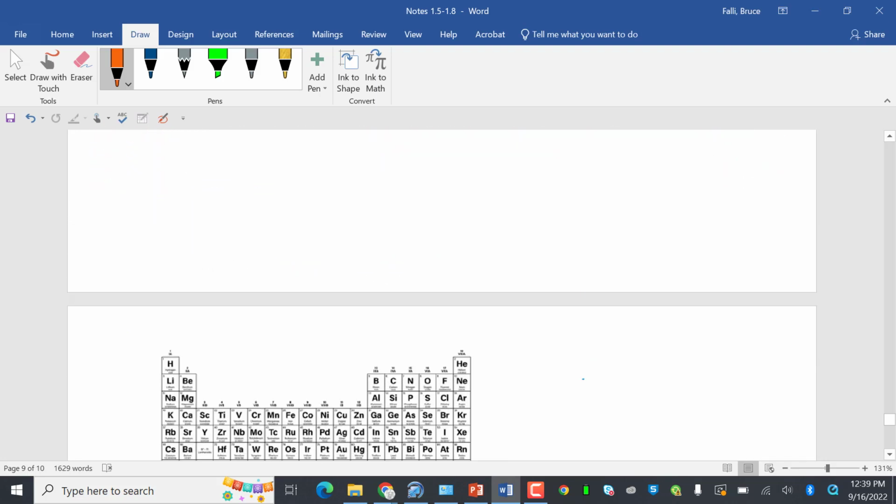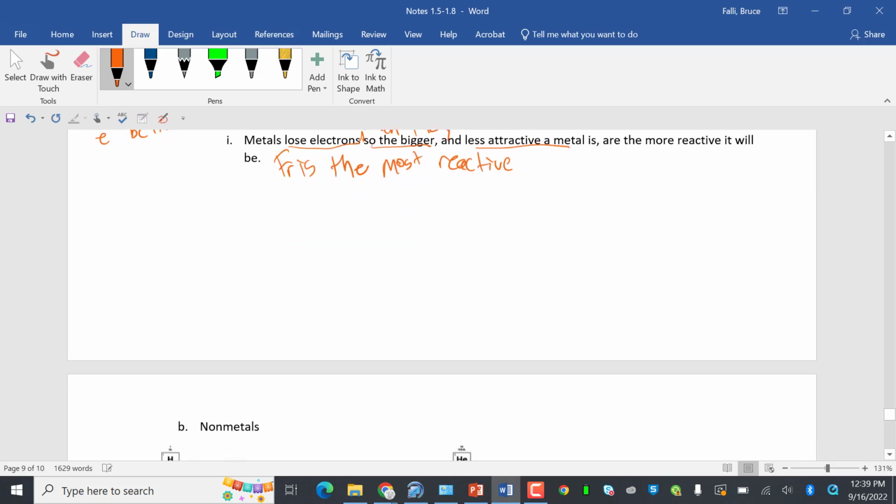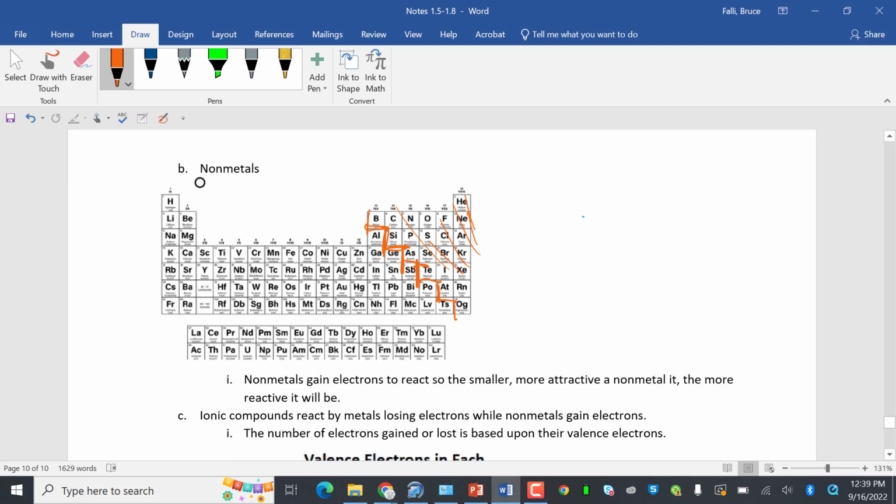Nonmetals. Again, that same dividing spot. Remember, nonmetals gain electrons when they react. So the smaller, more attractive nonmetal is up here.